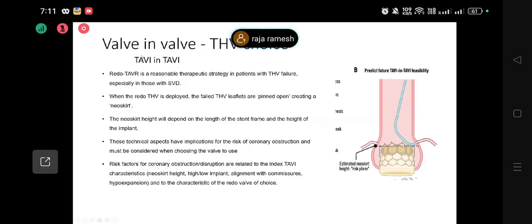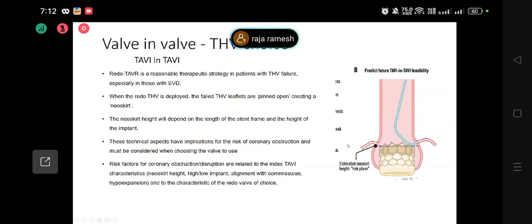Coming to TAVI in TAVI: there is already a transcatheter valve, and if you place another transcatheter valve inside it, the leaflets will fall onto the coronary ostia. Basically, the second heart valve will convert the first heart valve into a tubular graft, and this tubular graft may impinge on the coronaries.